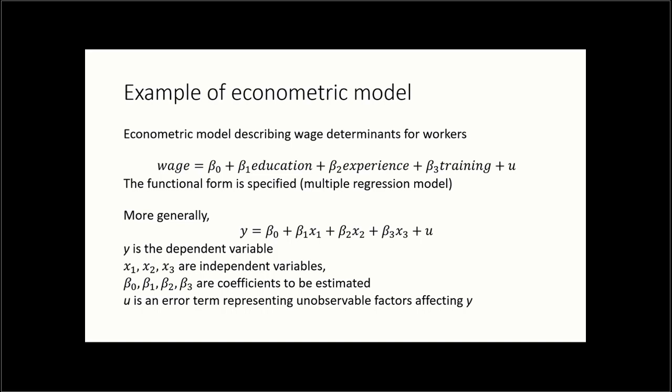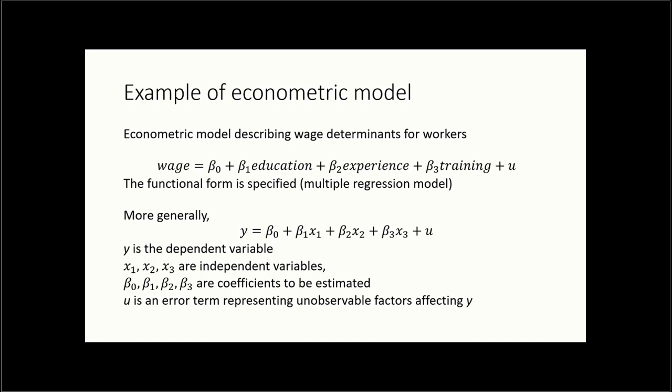So basically, everything that is not captured by x1, x2, and x3 is going to be put together in u. That is the error term, the factors that are unobservable and not captured by this model.